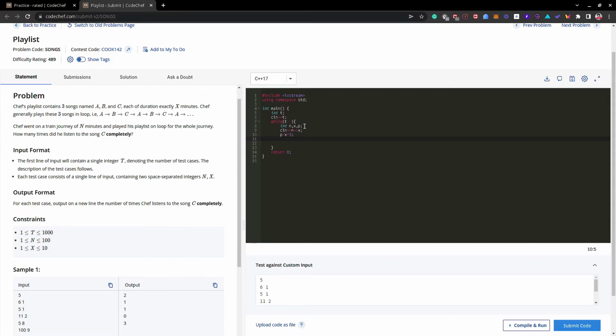We have to do some calculations here, like taking another integer s, and s will be the output. So if it is completed, then it will not be counted, right?